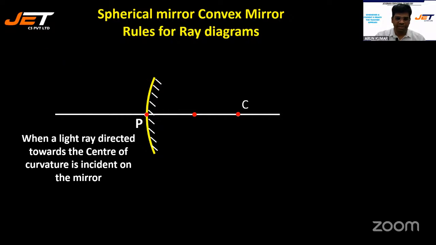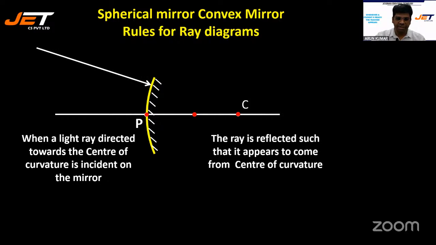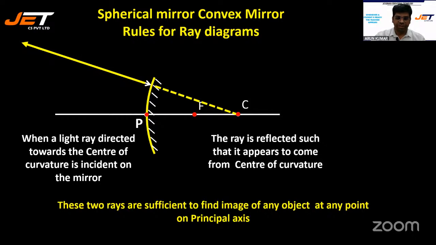I've got a ray incident on the mirror directed towards the center of curvature. It gets reflected and retraces its path. On extending this ray backwards, it appears to come from the center of curvature. Now, these two rays are sufficient for us to trace the image of any object. These two rays are sufficient in a convex mirror.